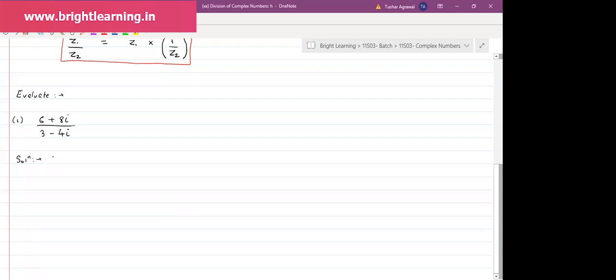It is 6 plus 8i multiplication by the inverse of the second. The multiplicative inverse symbol is 3 minus 4i.